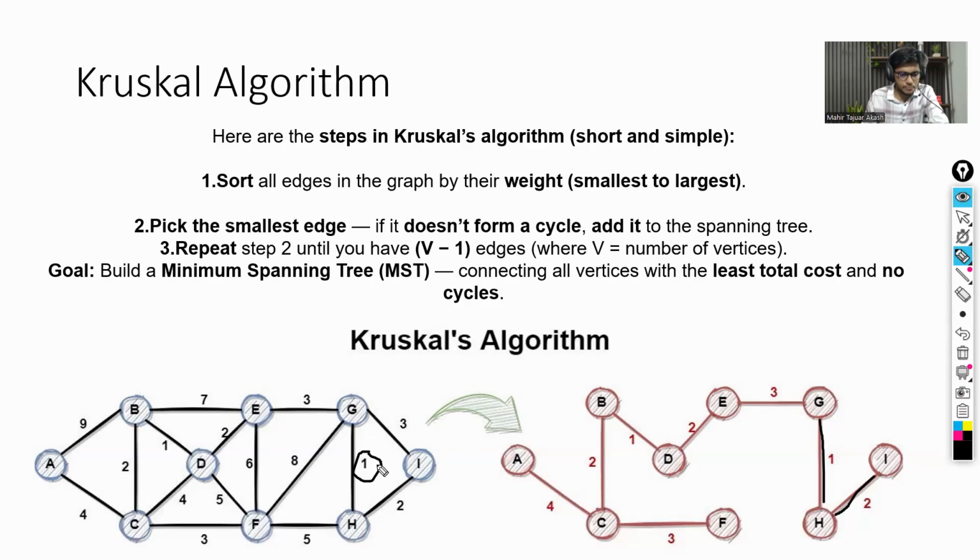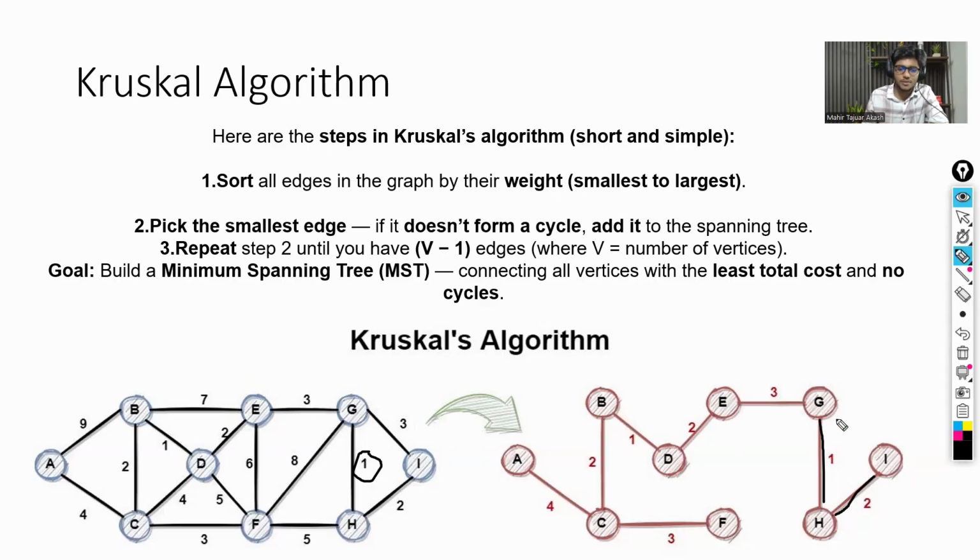After that, we have 3. The thing is, 3 isn't the lowest weight, right? So you can go here. But the basic idea that I want to give you is that if you add 3 here, there will be a cycle, right? We don't want to do that. After that, you have to go to 3, but that way there will be a cycle, right?